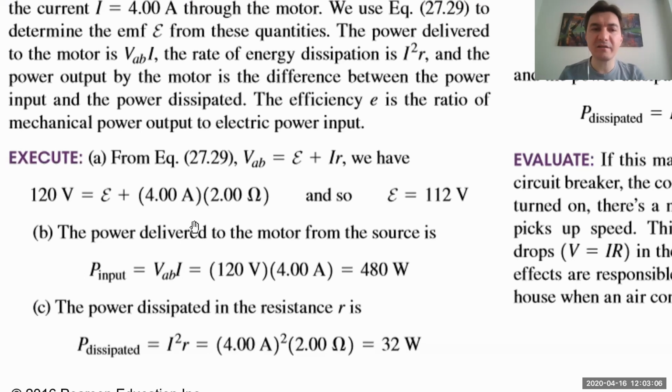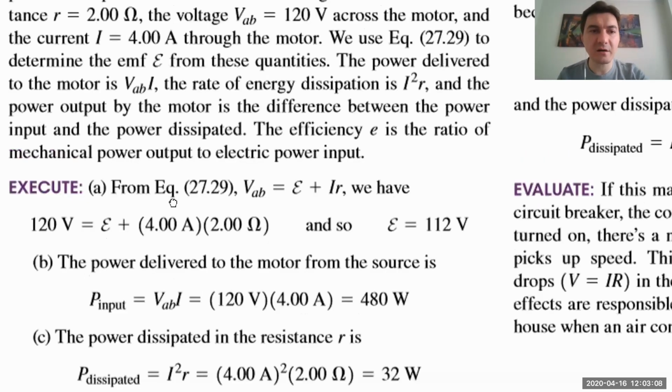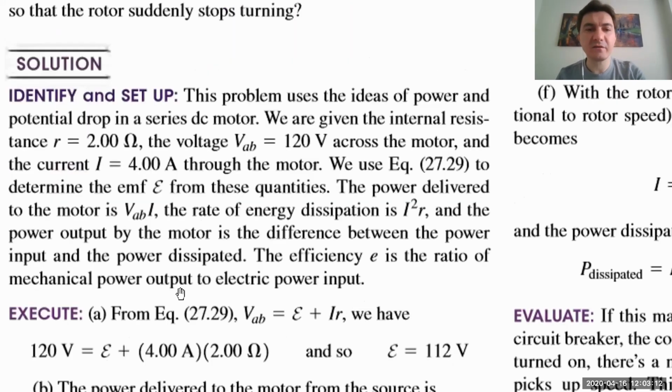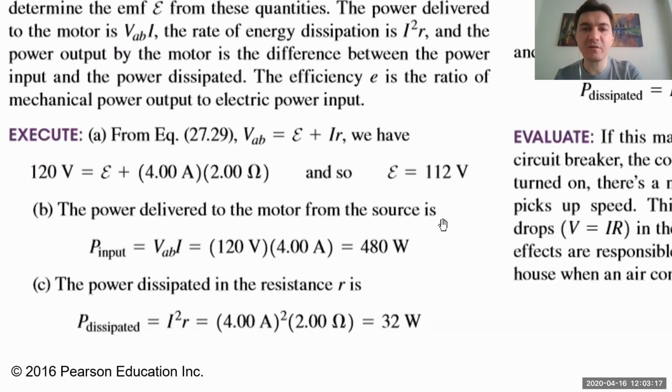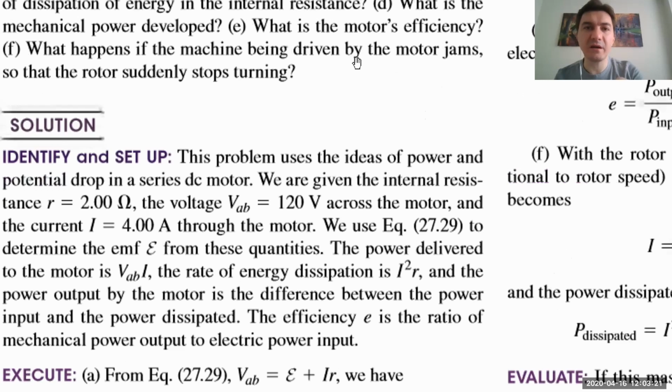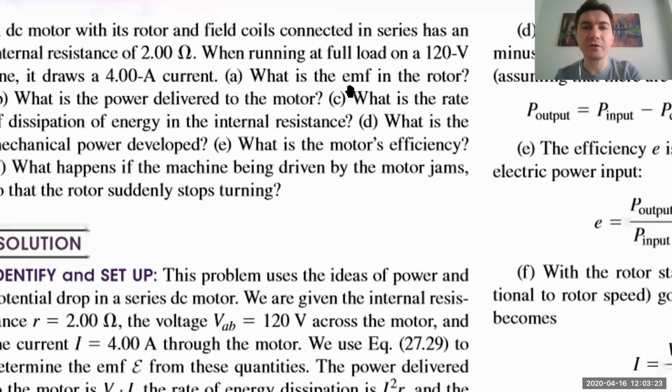The current is 4 amp, and the resistance is also given, so put them here. Then the EMF is 112 volt. This is the EMF in the rotor, or back EMF, or induced EMF.